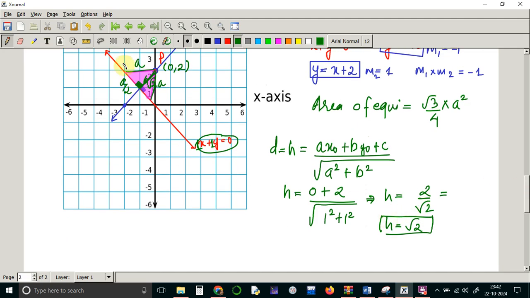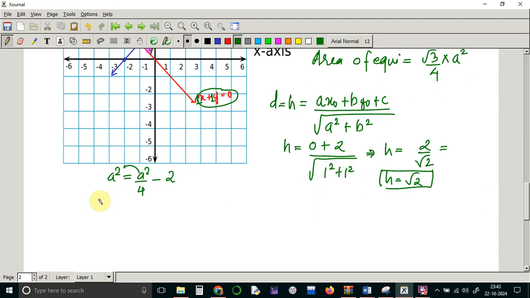Okay, now I want to find the edges of this equilateral triangle. Coming over to this half right angle triangle, using Pythagoras theorem, I got a square equals to a square upon 4 minus root 2 square. It is 2.